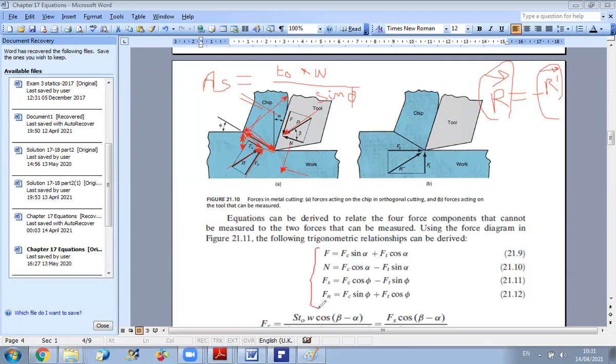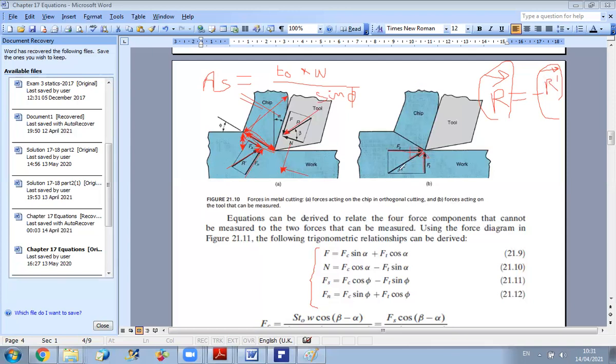So first, our purpose is to find, for example, the cutting force and the thrust force. We want to know what is the cutting force Fc and what is the thrust force Ft.